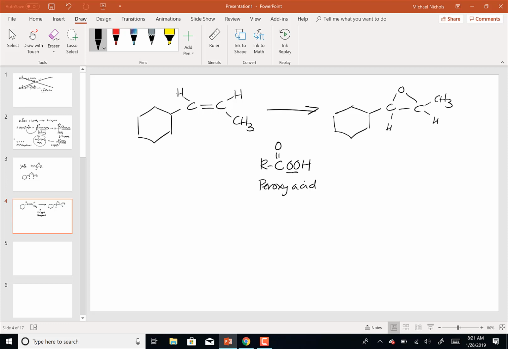So let me see if I can fix this so that it is correct. There would be my dash, there would be my bold on the CH3, another dash. So if the cyclohexyl and the methyl group are cis, then in the epoxide they have to be cis as well. So we've got that retention of stereochemistry.